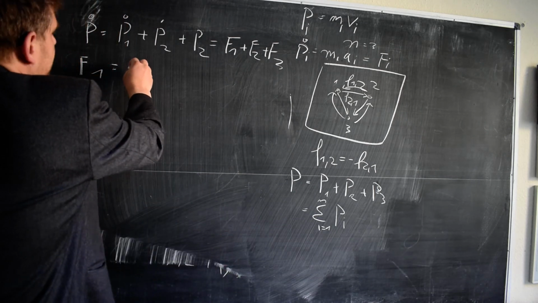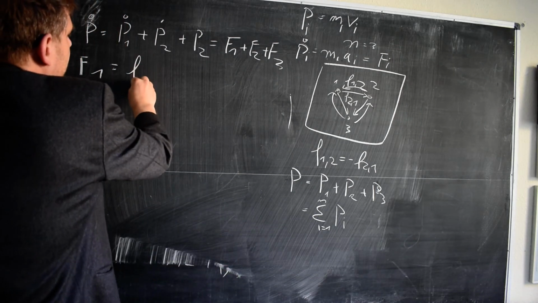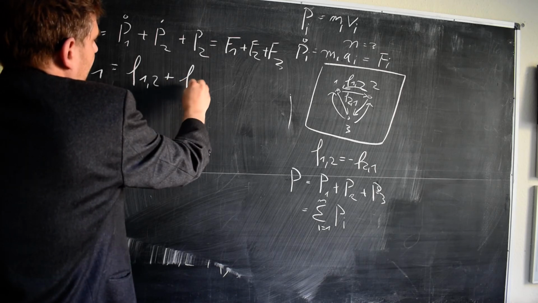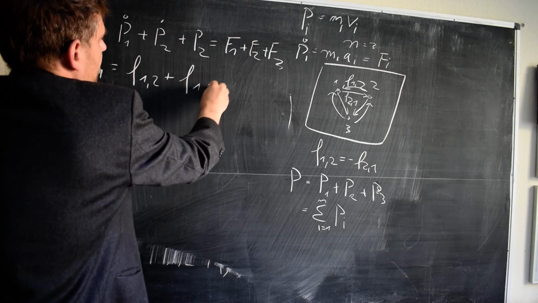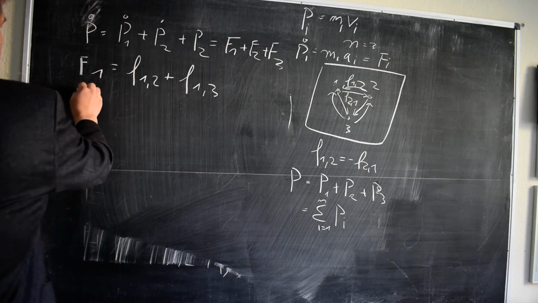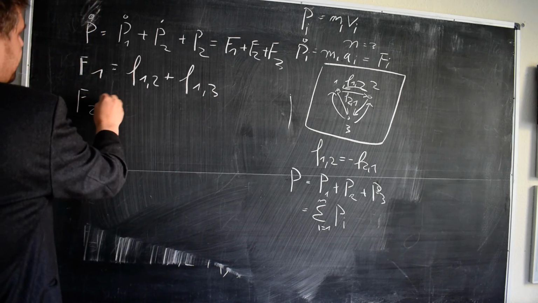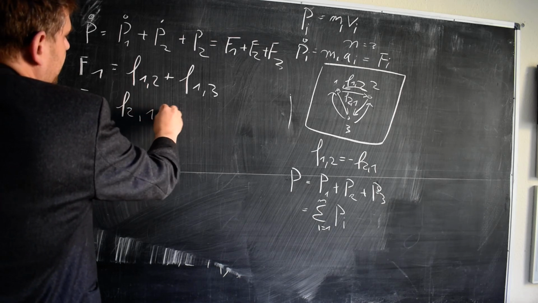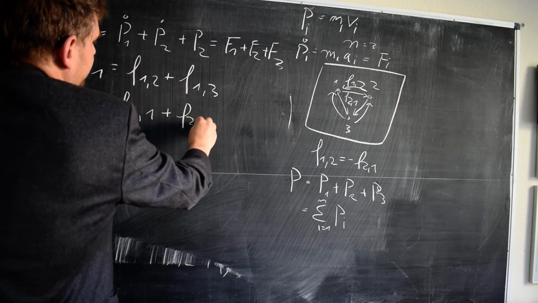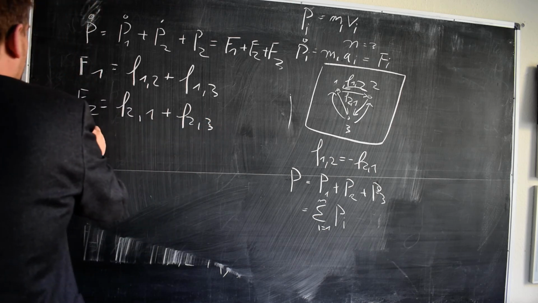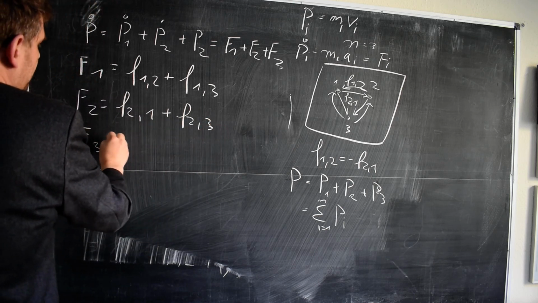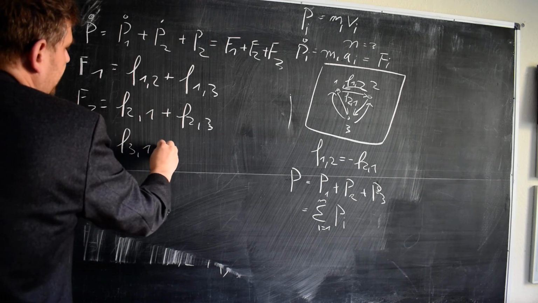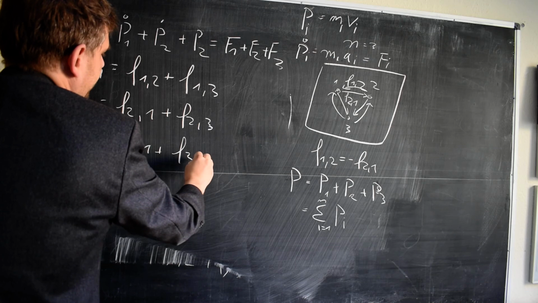So this is F12 plus F13, and similarly for F2 we have F21 plus F23, and for F3 we have F31 plus F32.